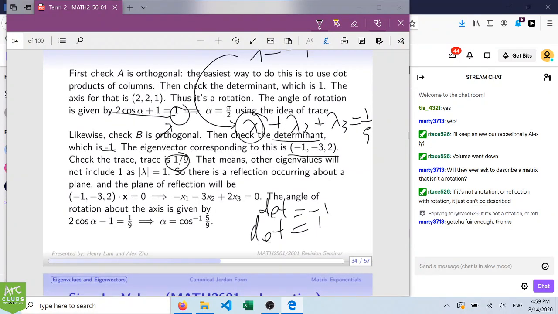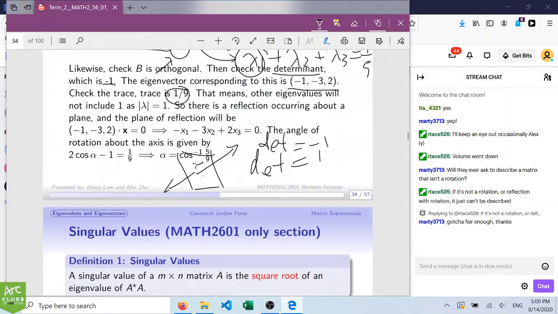Essentially you can think of it as a 3D diagram, where it went from this arrow pointing the other way. So the plane that flips that is going to be the plane perpendicular to this vector. Anyway, the angle of rotation is given by this, and alpha is cos inverse 5/9.